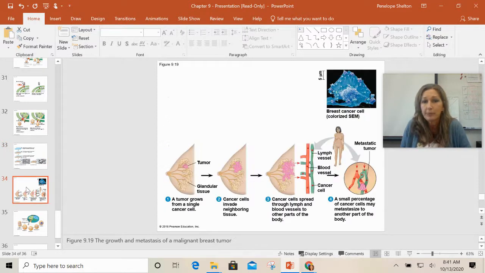So this is where if a cell actually transforms, its DNA changes, so it's no longer paying attention to any cell cycle controls. It's ignoring CDKs, it's ignoring checkpoints, it's ignoring anchorage dependency, it's ignoring density dependency. This is where we have types of cancer that can actually metastasize.